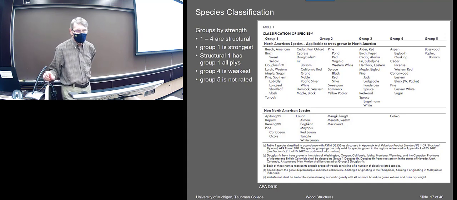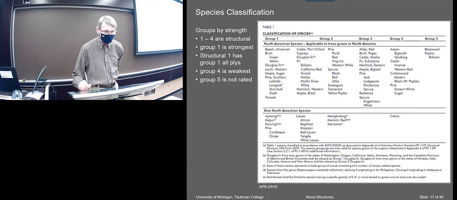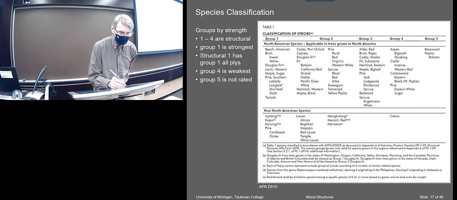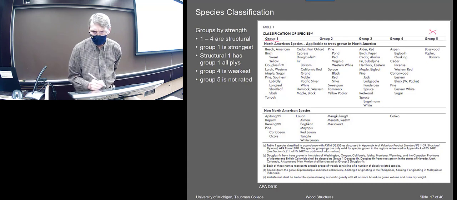Okay, here's the grading. The grading of these panels is by group. So the strongest is group 1, and the weakest is group 5. This is non-structural, I think, right?